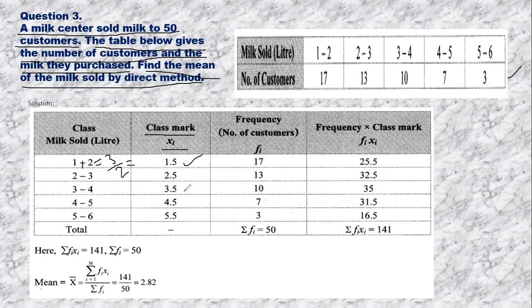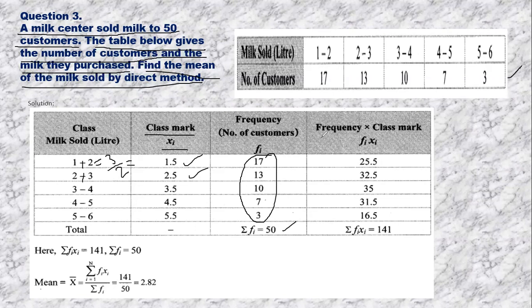So that is your answer. Then 2 to 3: here also you add 2 plus 3, you get 5. 5 divided by 2 is 2.5. Then write down all the frequencies and add them. So you add the total frequency, you get 50.